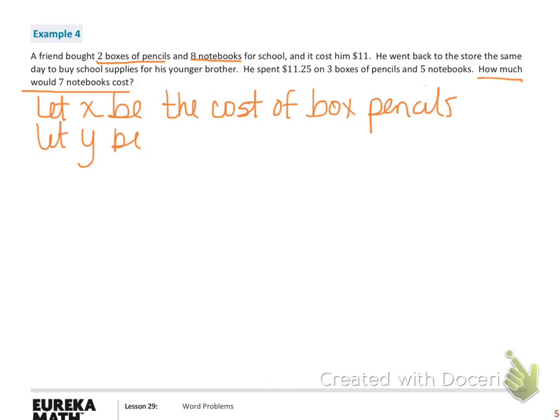And this is actually the one that we need, the cost of notebooks. Okay, so if x is the cost of a box of pencils, y is the cost of a notebook.